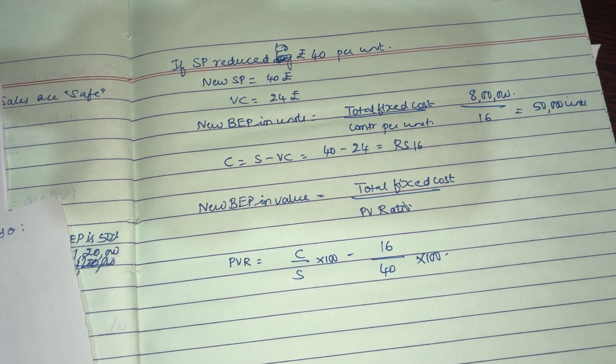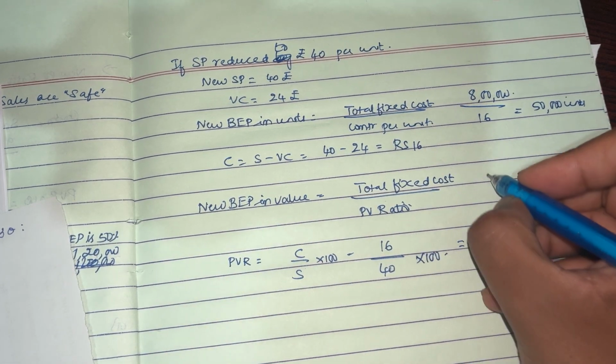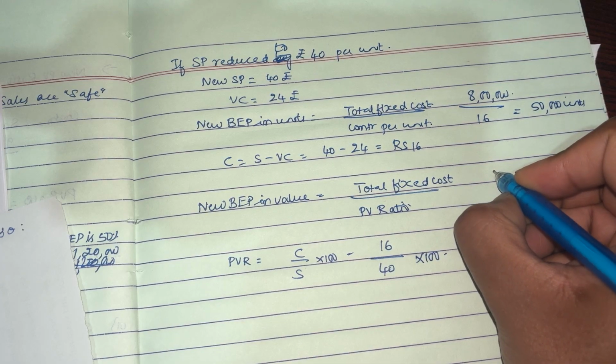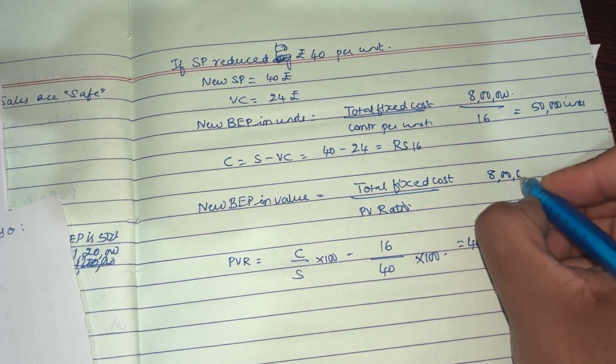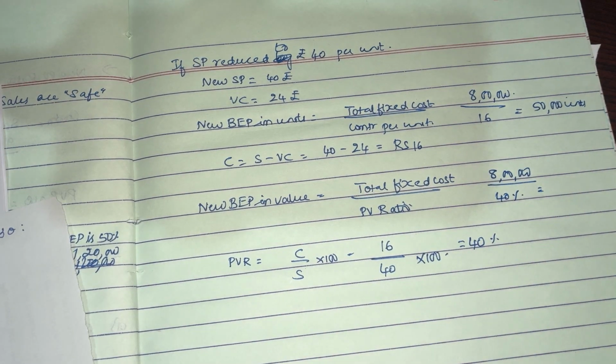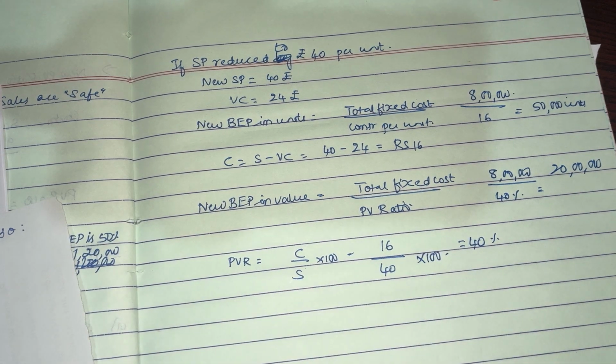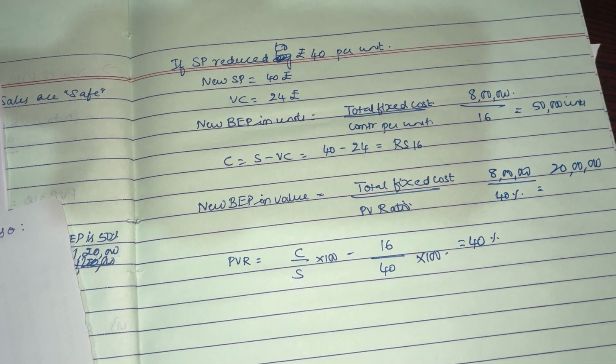So let me calculate it. 16 divided by 40 into 100 will be equal to 40%. Now total fixed cost is 8 lakh, PV ratio is 40%. So 8 lakh divided by 40% is 20 lakh rupees. So now we got the complete information.